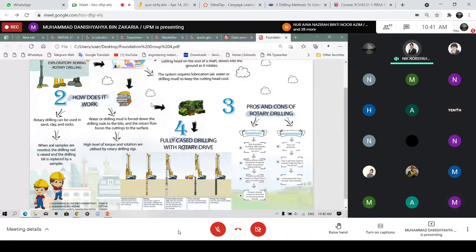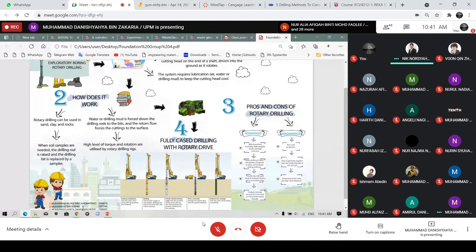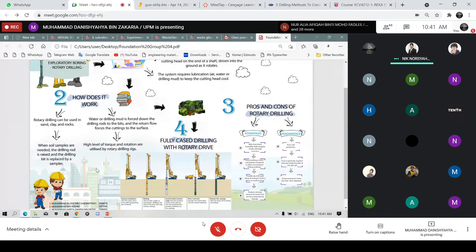Okay, any other question? I want to ask, what is the limitation of the drilling depth? Very interesting question. How deep is it?